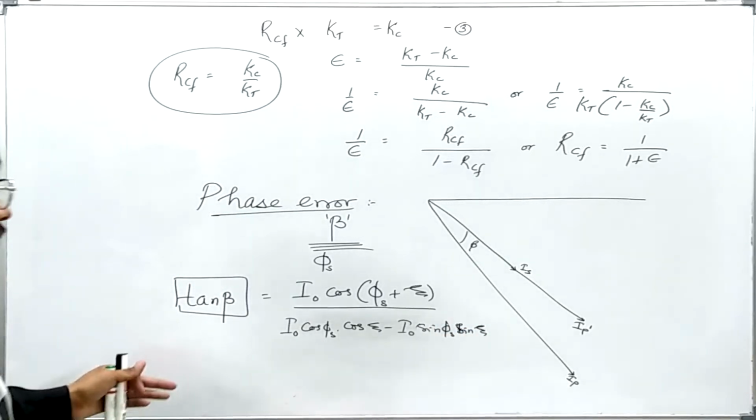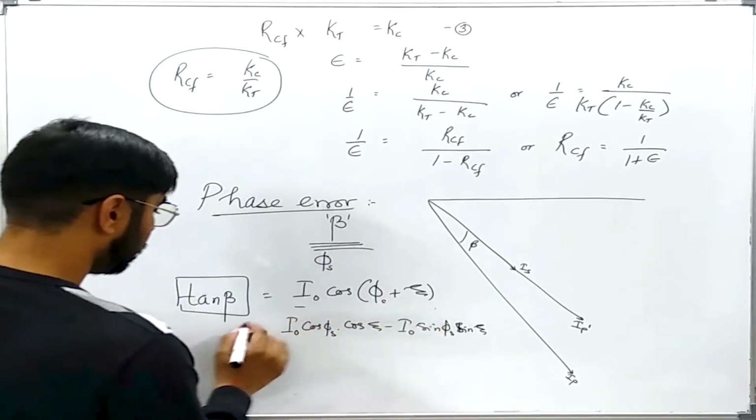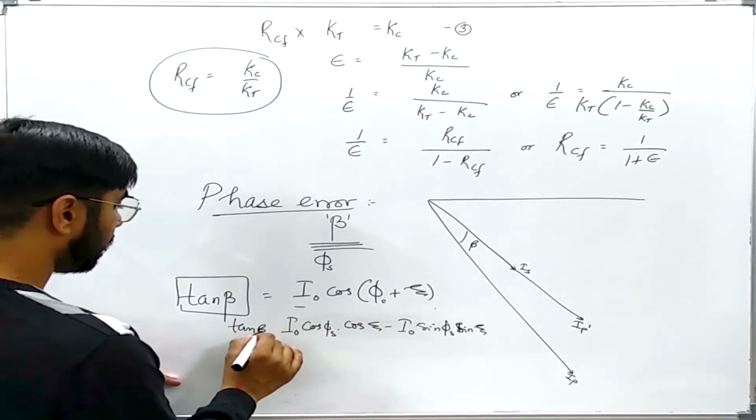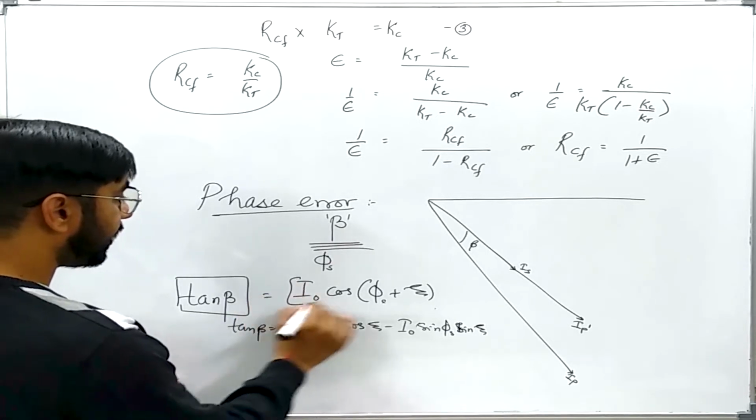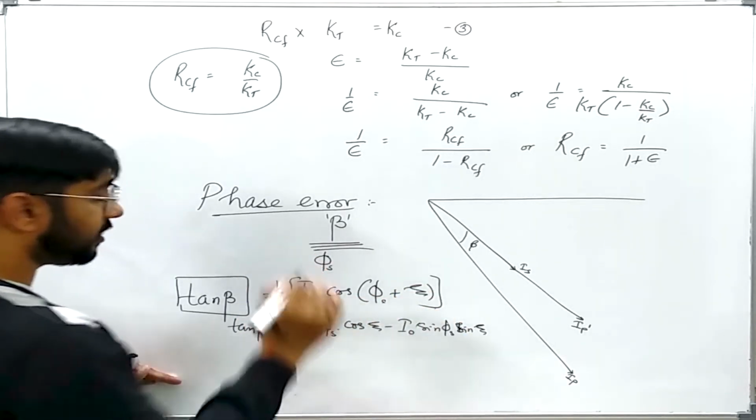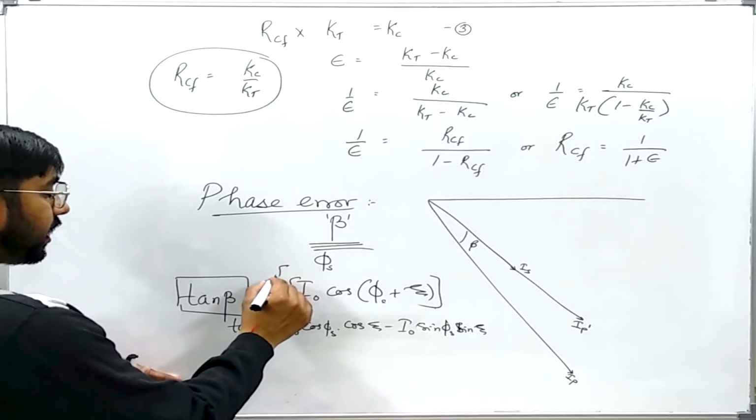Okay, now tangent beta is proportional to this, and I will write the denominator as some positive quantity k.